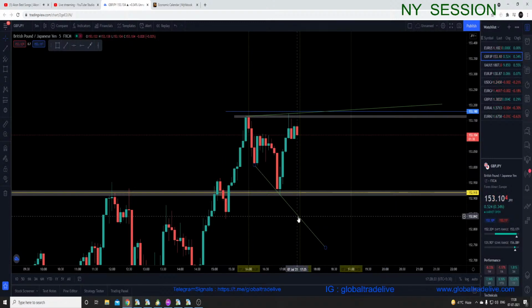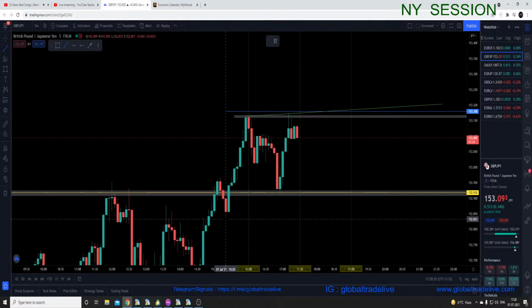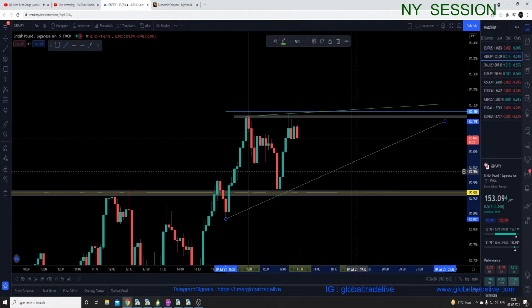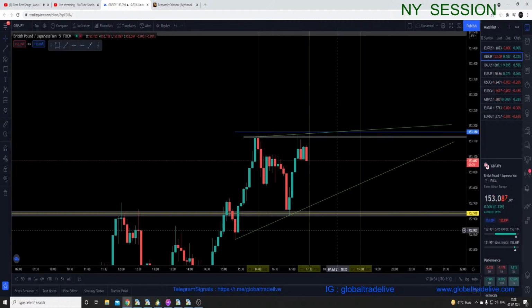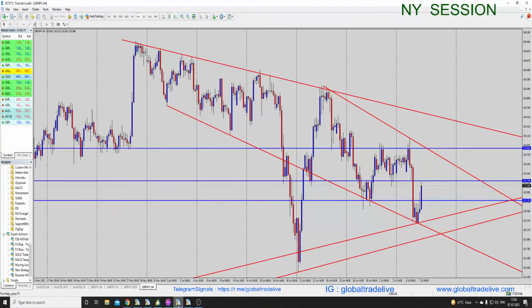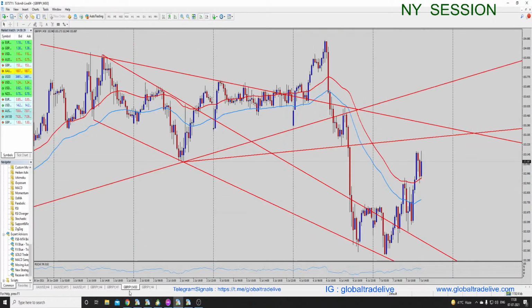Oops, wrong trend line. So now it's breaking the low over here. Let's see here. 4 hour looks good. On the 30 minutes, it looks like a rejection candle is forming, and it's rejecting this area from the left.